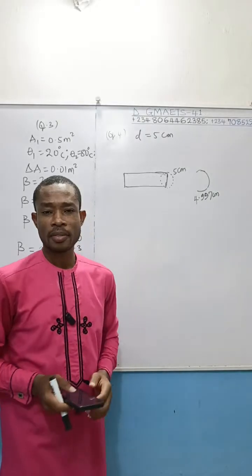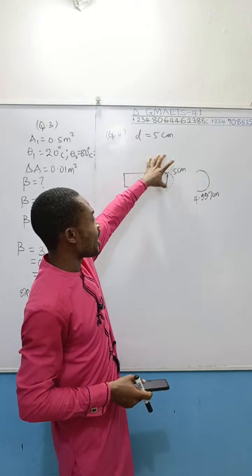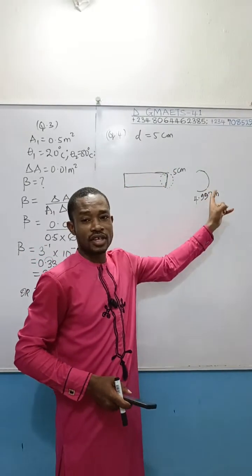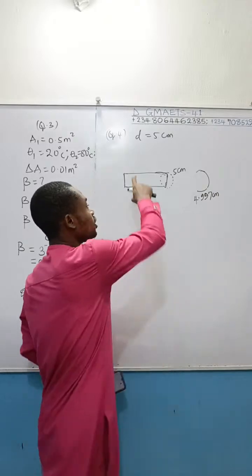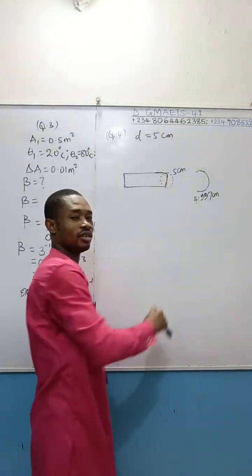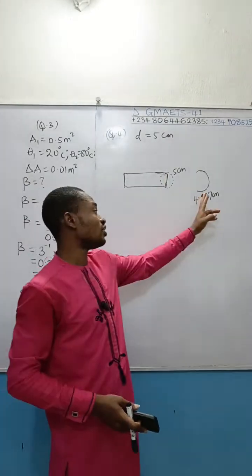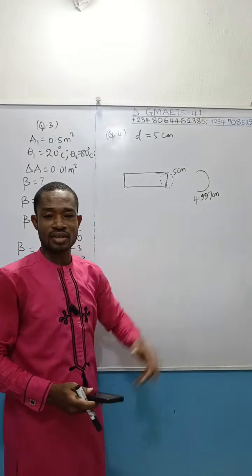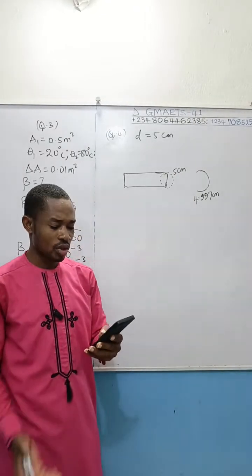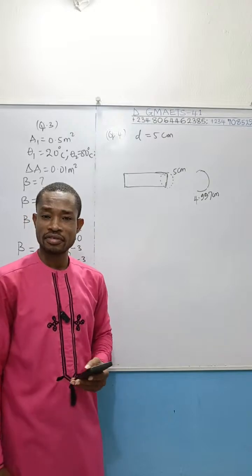So if you look at this, you would see clearly that the diameter of this steel plug is greater than the diameter of the hole. So definitely for this to be fitted into this hole, there should be a little compression here. But of course, that 4.99 something is approximately equal to that 5.